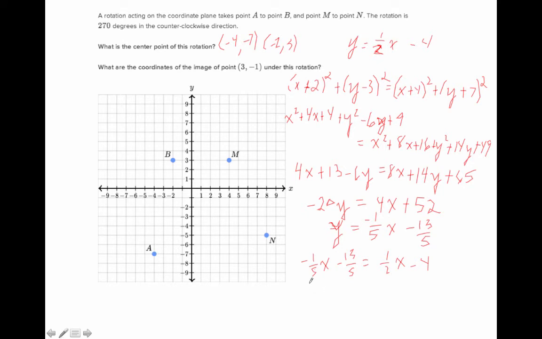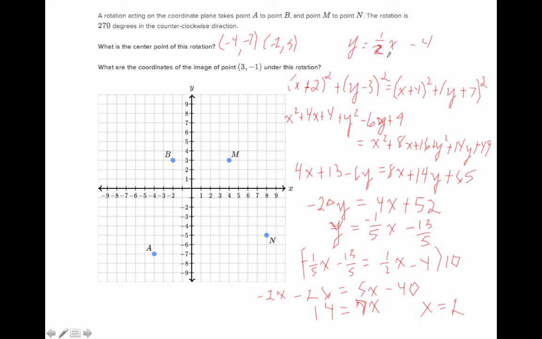We can multiply through by 10 and get minus 2x minus 26 equals 5x minus 40. So 7x equals minus 26 plus 40, 14. x equals 2.